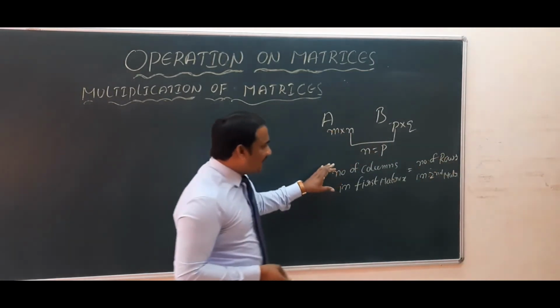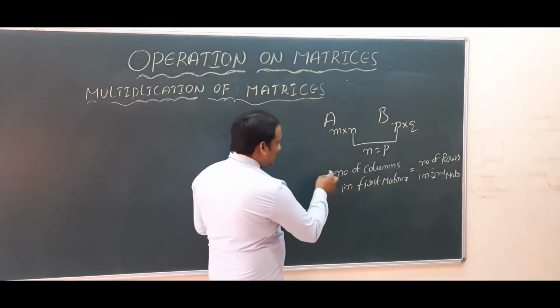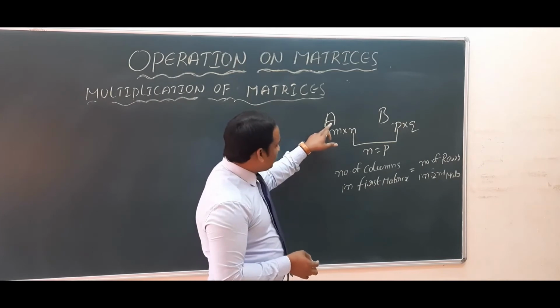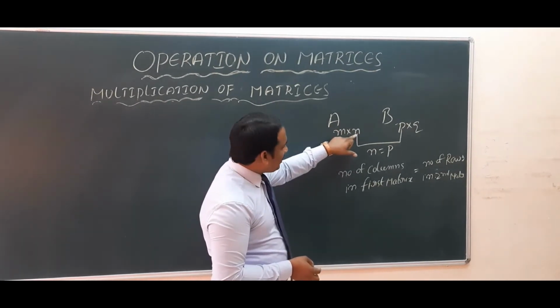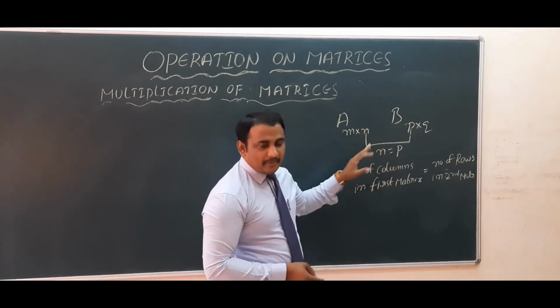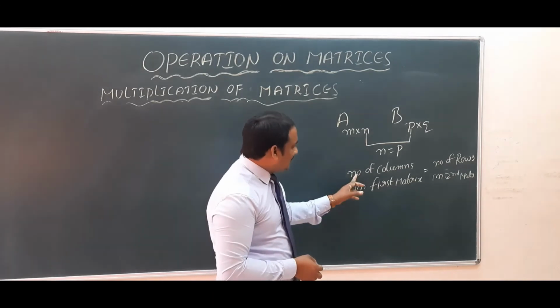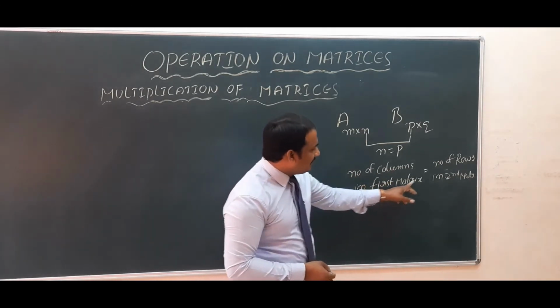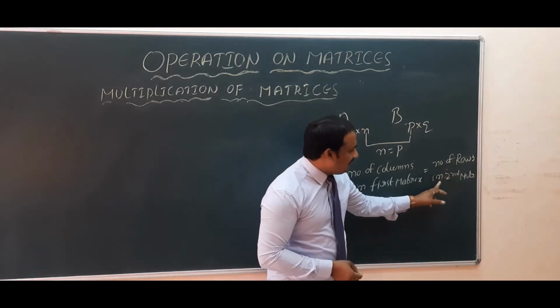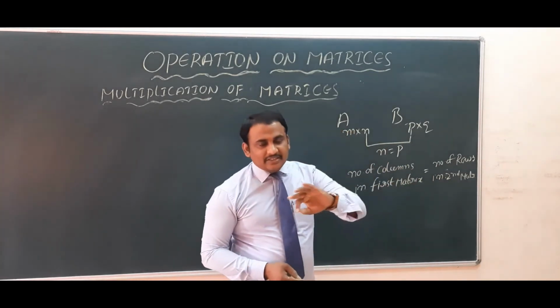If you apply this condition, only then can you find the product of the two matrices. The number of columns in the first matrix equals the number of rows in the second matrix. If the condition exists, the product will exist, otherwise it will not exist.